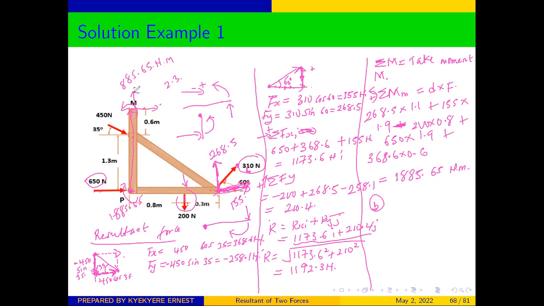From here, you can see that the Y component will be on the same line of action with P. So even if we bring it to this point, the Y component will still be on the same line of action. Therefore, the Y component is not going to get any moment, but the S component is going to get a moment.